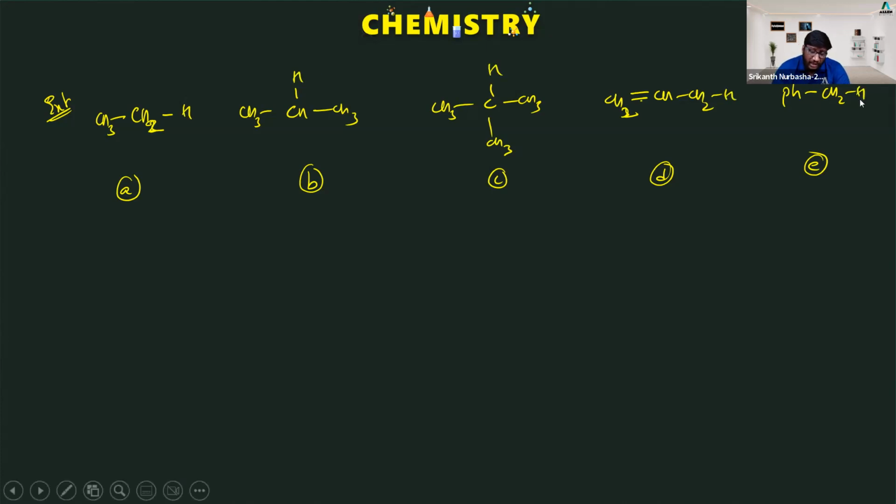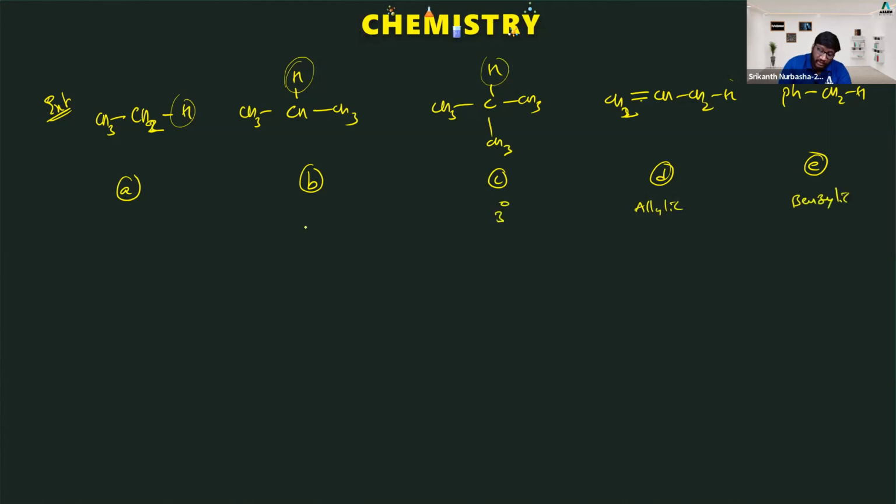And we all should agree that this CH bond is going to cleave easily because there you are going to produce a secondary free radical. If the other CH bond cleaves, you will get a primary free radical. In option C, if this CH bond cleaves, you will get a 3-degree free radical. In the fourth case, you get allylic, and in the fifth case, you get benzylic.